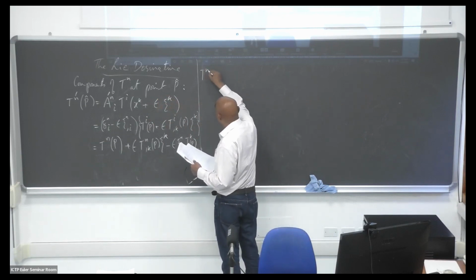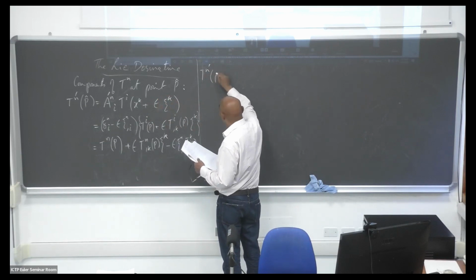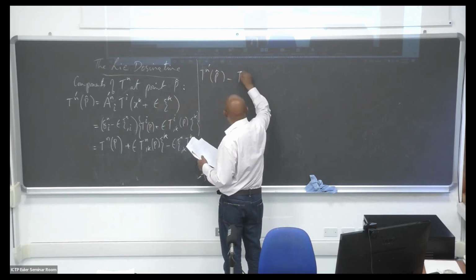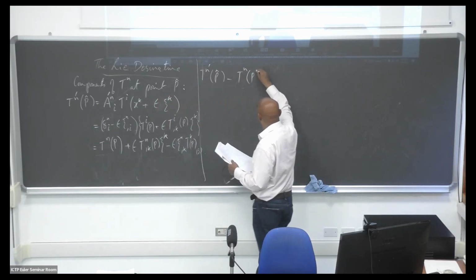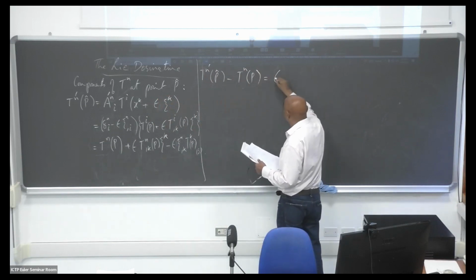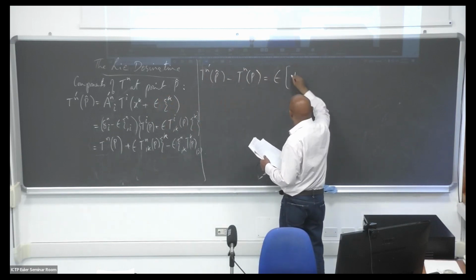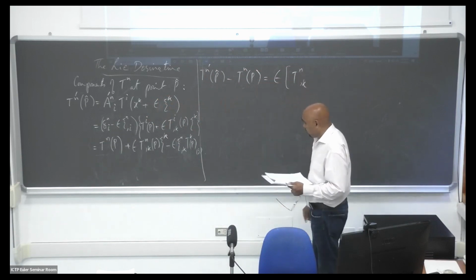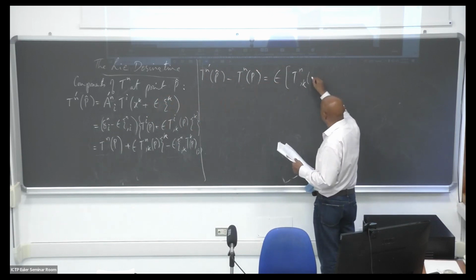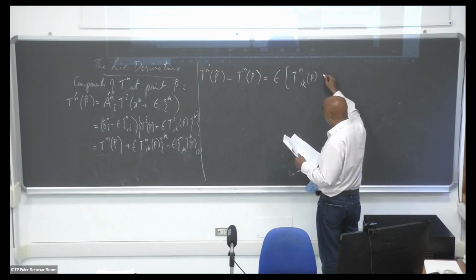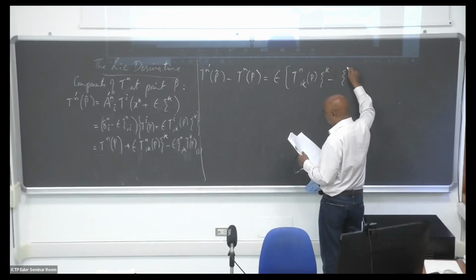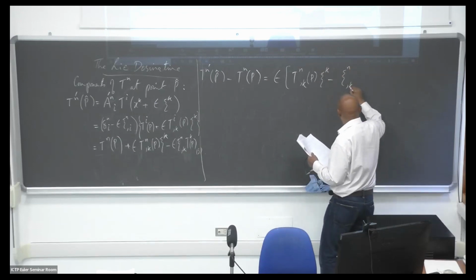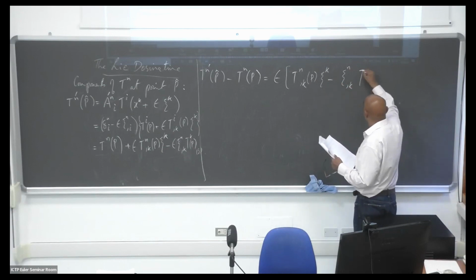And this becomes T n P hat minus T n P is equal to epsilon T n comma K. Comma, you remember, is a partial derivative with respect to K. And P xi K minus xi n comma K P K and P.